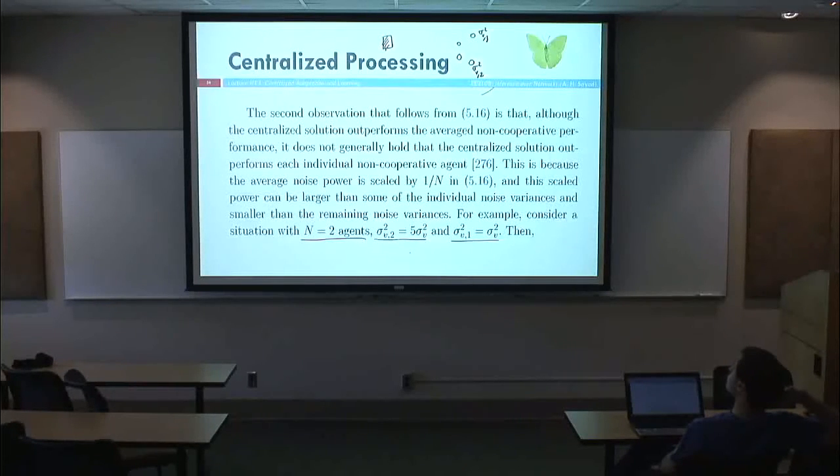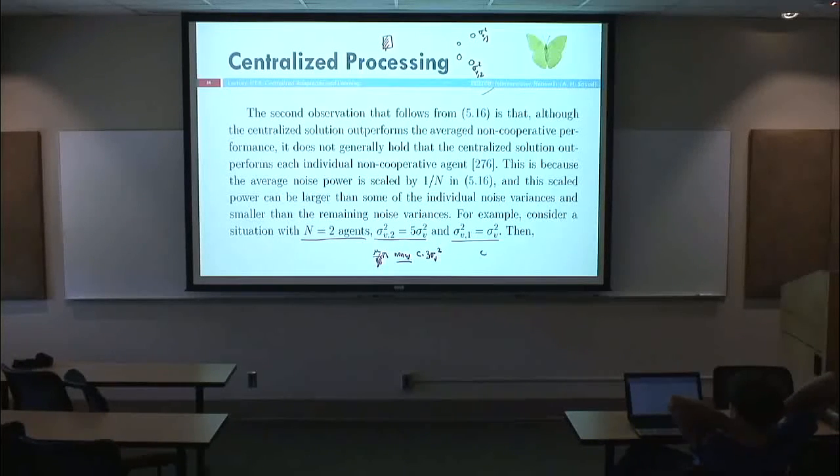So what's the non-cooperative performance? It will be mu over hm, which is just a constant. Let's just call it C, times the average noise power. The average noise power here will be 3 sigma v squared. So this is the non-cooperative.